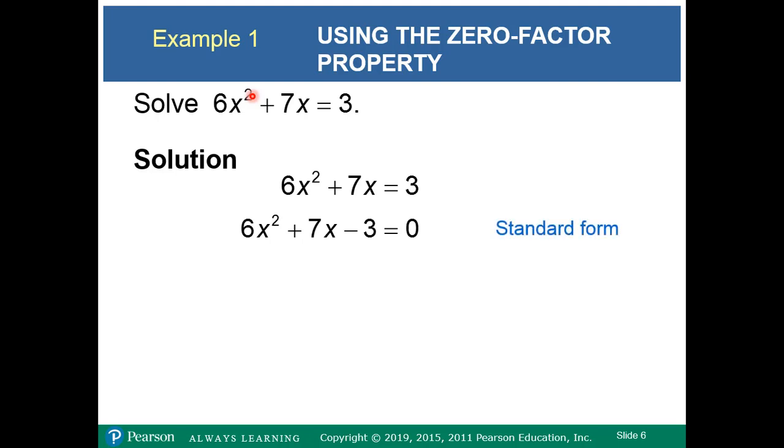And then we're going to factor this, and we have to figure out the factors. This is where that review of factoring is important. If we factor this, we get the factors 3x minus 1 times the quantity 2x plus 3 is equal to 0.